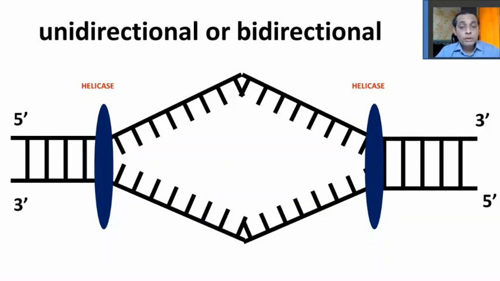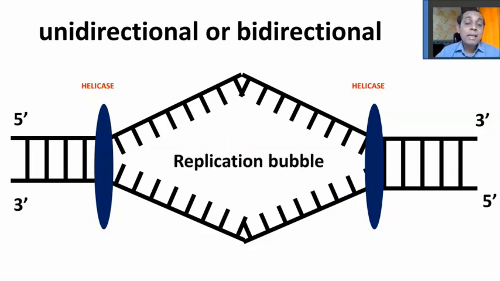And such forks, when they face each other after unwinding, the arrangement will be called a replication bubble.